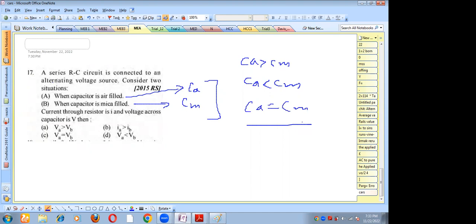First, second, or third? First, you have to decide that.